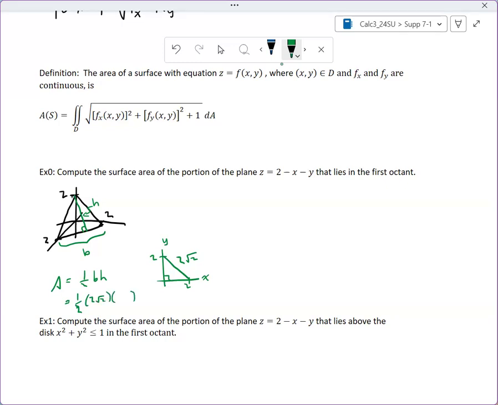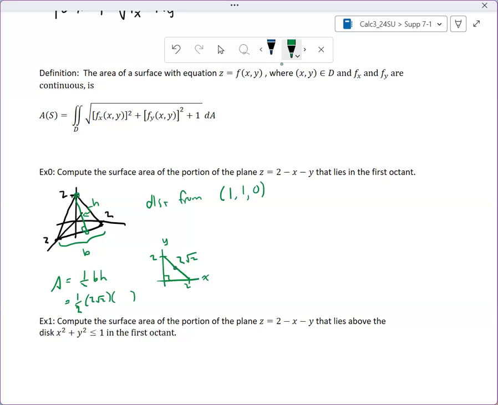And then what's my height? What's the distance from this point to this point? Well, the midpoint between 2, 0, 0 and 0, 2, 0 is 1, 1, 0.